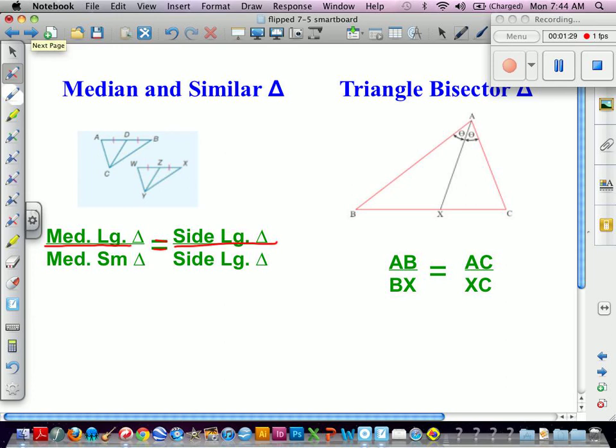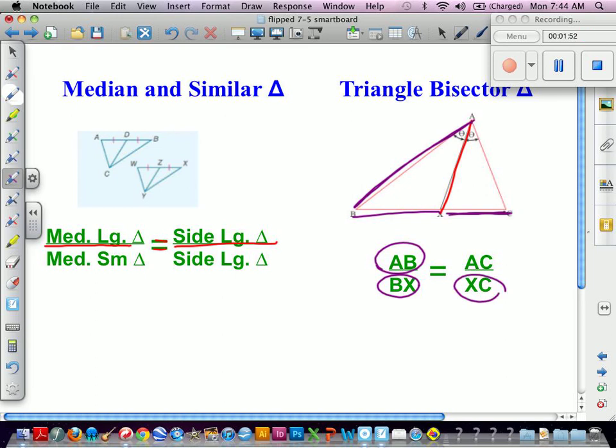In a triangle bisector, the bisector splits the opposite side into two pieces. So then you take BX, and it makes a ratio with the side that is connected to it, AB. And it will be proportional to the other piece and the side that's next to it.